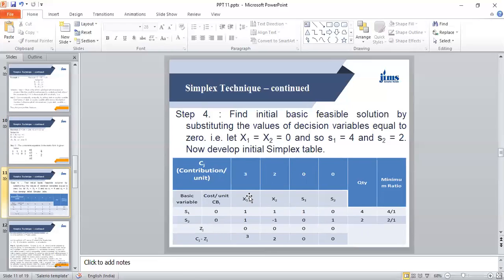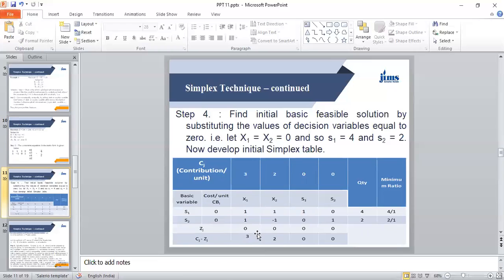So all the elements of x1 are multiplied with the corresponding value in the cost per unit column, the CB column, and then we add all these quantities.